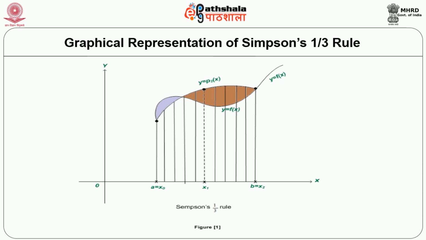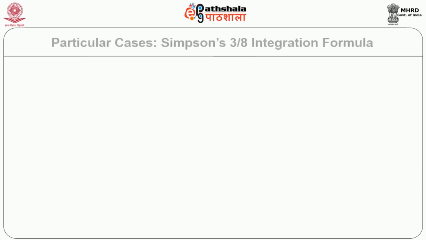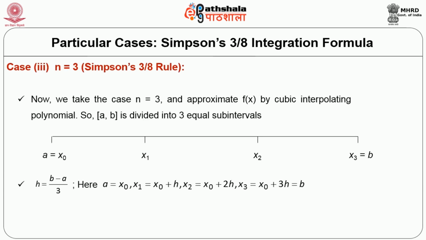Now let us derive the next case, and that is n equal to 3, that is when we are approximating the function by a cubic polynomial. So now the number of divisions of our interval a to b will be 3, because cubic polynomial, so 4 points x0, x1, x2 and x3. Our a is x0 and the last point x3 is equal to b.